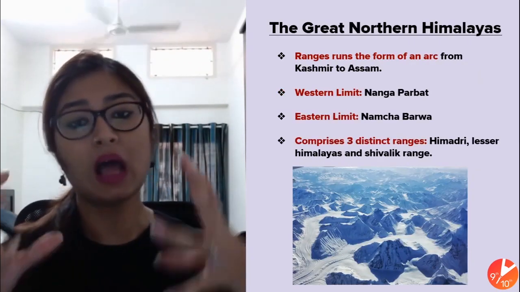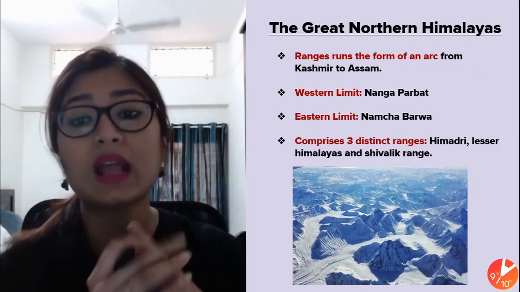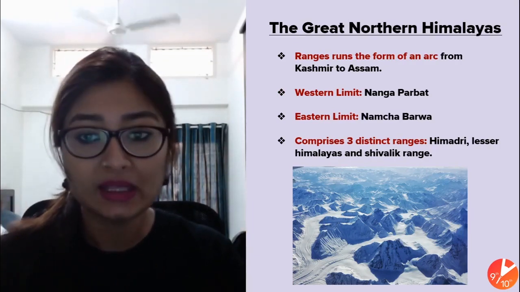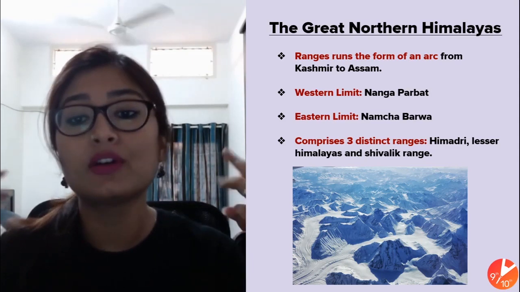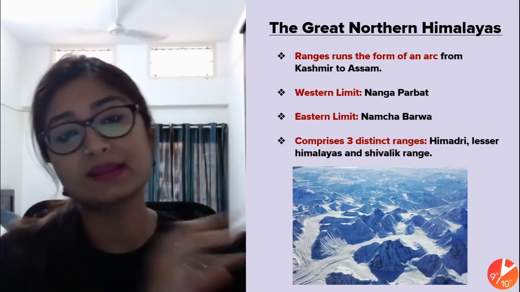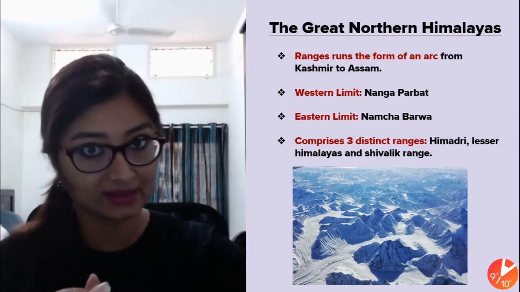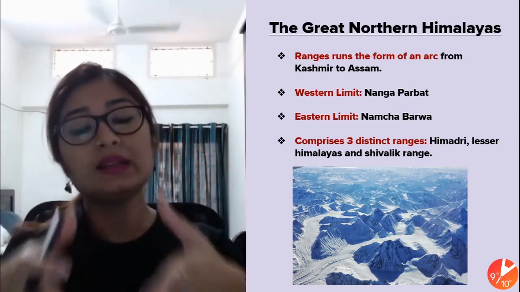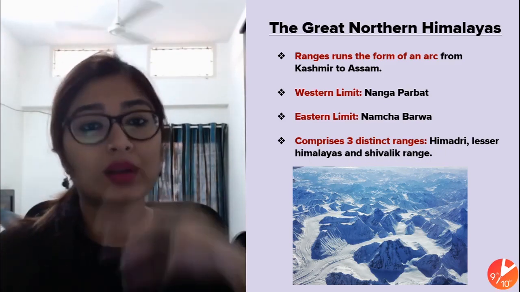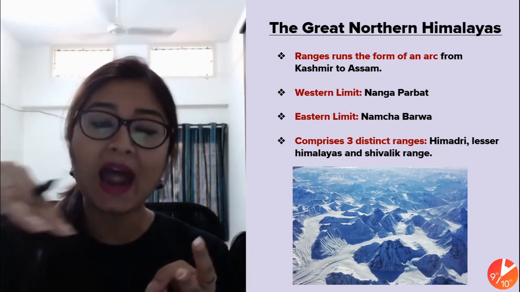Okay, so this arc, the western limit is known as Nanga Parbat and the eastern limit is known as Namcha Barwa. And it comprises 3 distinct ranges. As we saw different ranges in the northwestern part of the Himalayas, similarly this one has 3 different ranges of its own. And this is very interesting because these 3 ranges are actually parallel to each other.